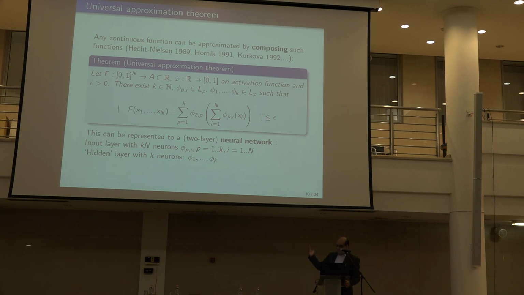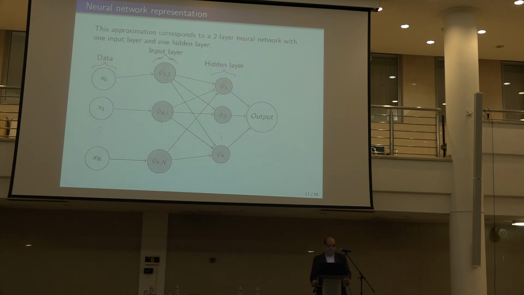What is shown here can be represented in terms of our neurons as a two-layer neural network. You take your data, each input is processed through one neuron, and then you send it to a hidden layer, a next layer. So this is the composition, and then the output. Then you sum the outputs, and this gives you an output.